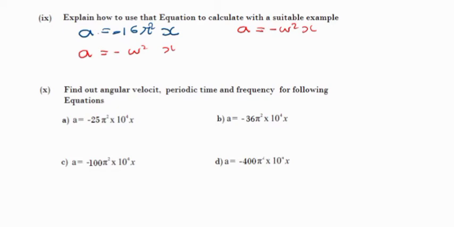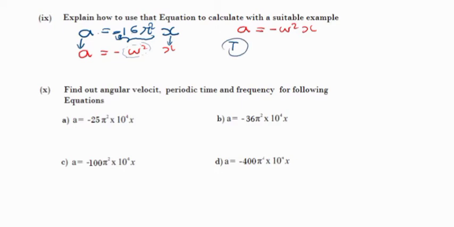You have to notice one thing here. A is a proper resemblance to A in this equation. This whole set, apart from the minus sign, 16 pi square is resemblance to omega to the power square, and x is equals to x. To find out something like a periodic time, how to find it out?